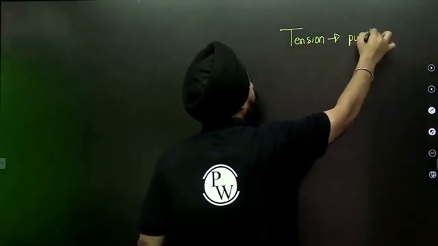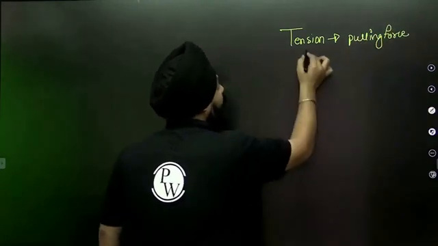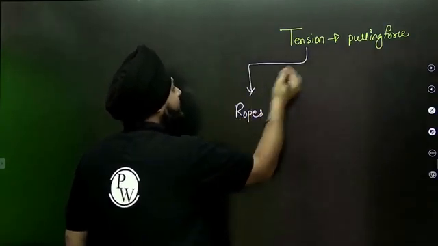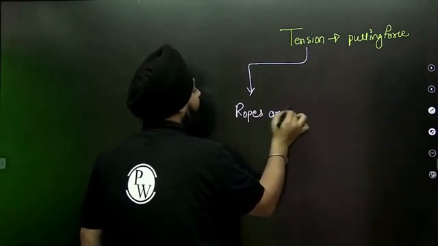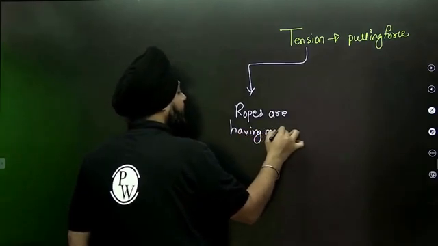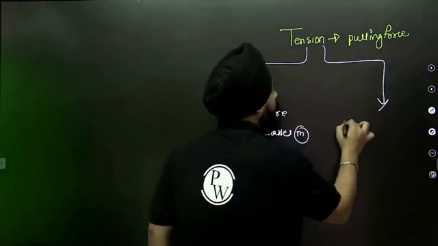Tension, a pulling force, right? Obviously it is exerted by ropes, but in one case ropes have masses m. Second, massless ropes.